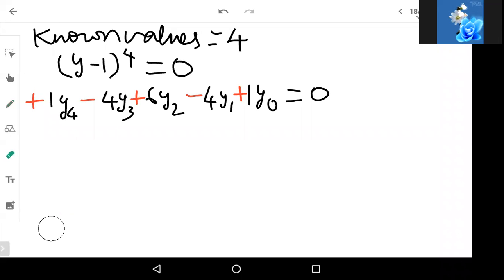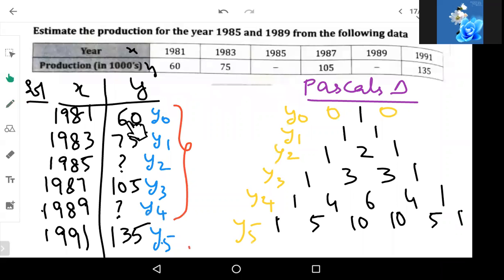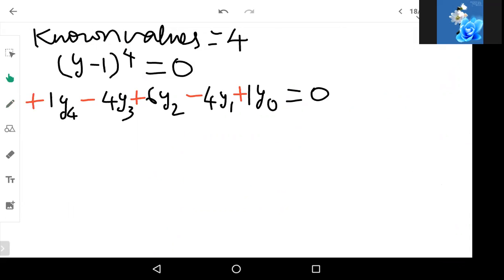Now, going back to the data, we know what is y0, we know what is y1, y2 we don't know, y3 we know, 105, y4 also we don't know. So, put all these values in here.